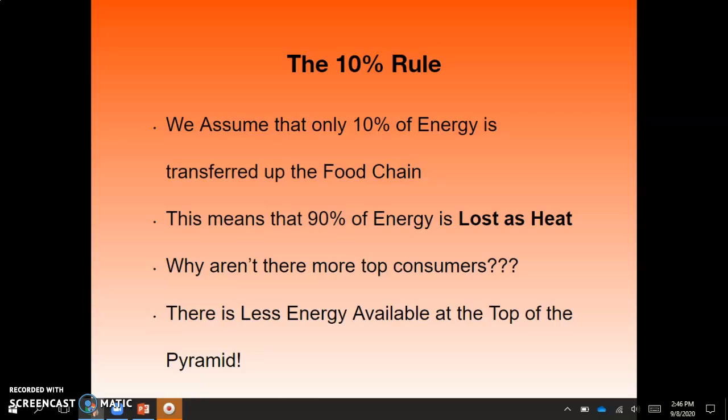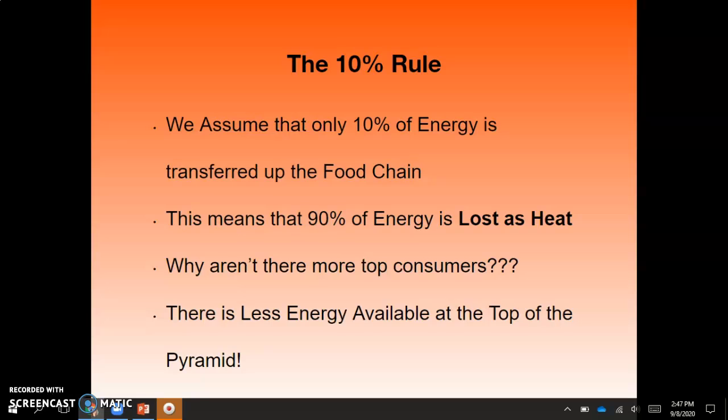So the reason that we don't have more consumers: if we think about ecosystems, there's a lot of grasses, there's a lot of trees. If you think about one single blade of grass or a plant that's doing photosynthesis, they cover entire ecosystems. There's billions of them. But if we think about top consumers, so lions, bald eagles, a lot of those animals are endangered, and they don't have very many in their populations.